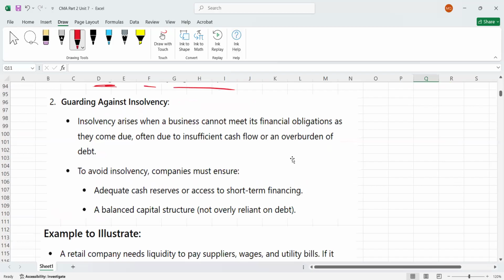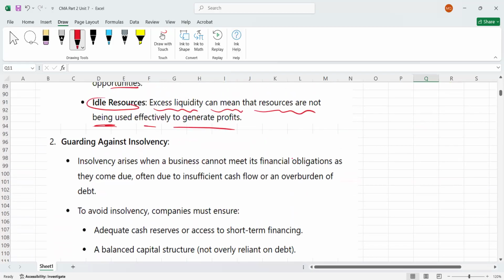Now here, guys, we also need to guard against insolvency. What is insolvency? Technically, insolvency is when your total liabilities are greater than your assets, because your assets are not enough to settle your liabilities.